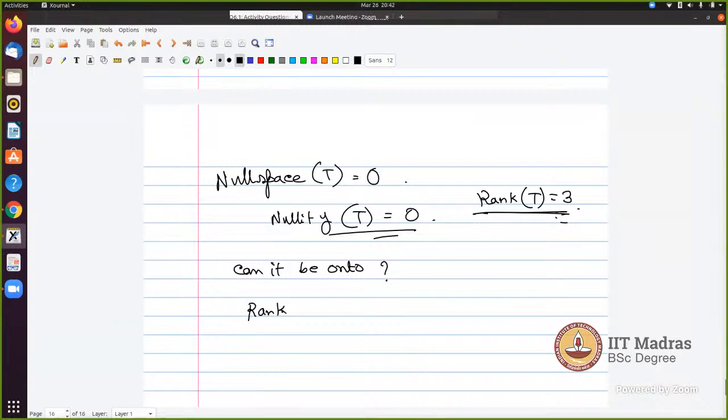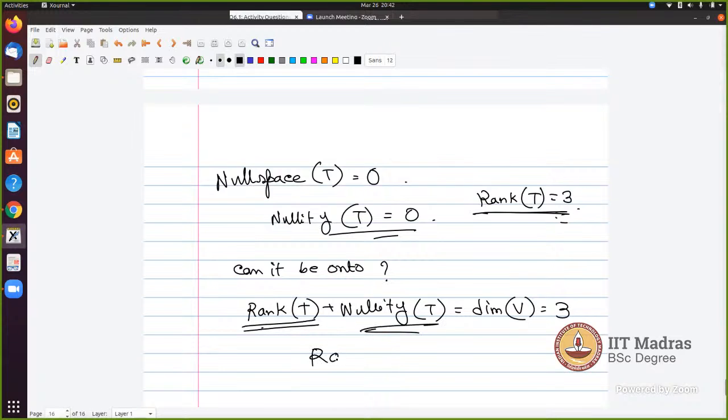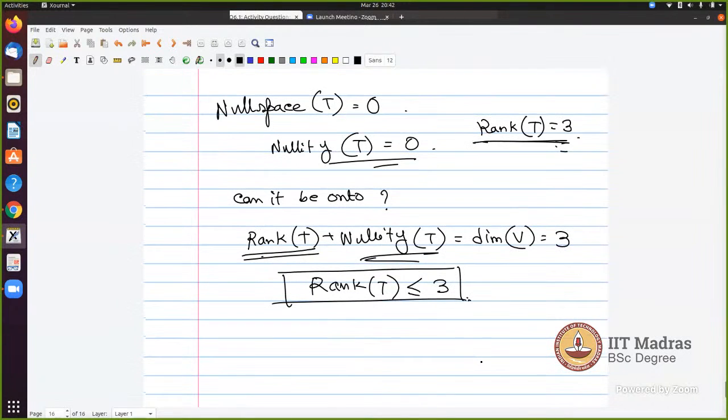If we use the rank-nullity theorem, this is the dimension of V, which is 3. So whatever the nullity is, rank must be less than or equal to 3. It cannot be greater than 3.